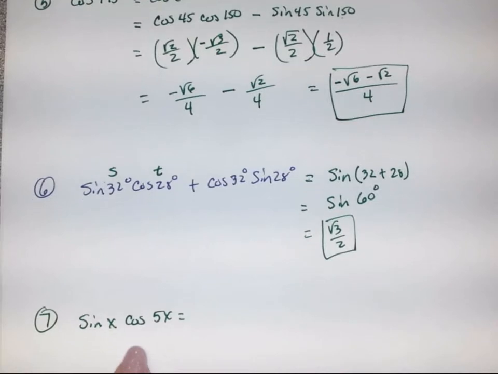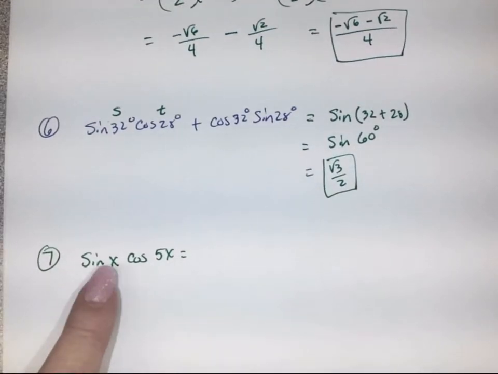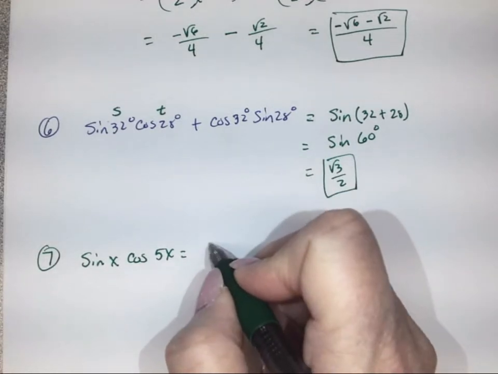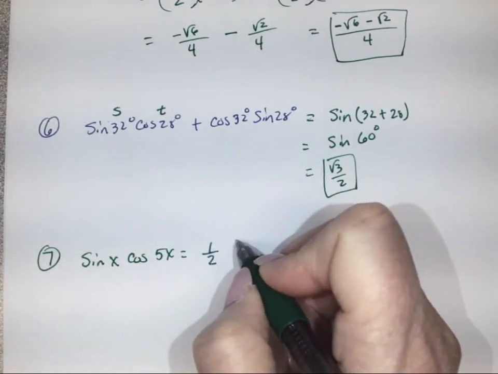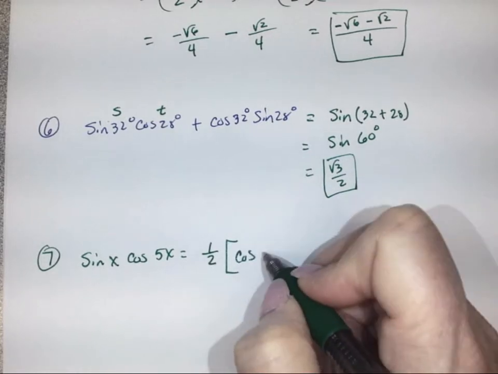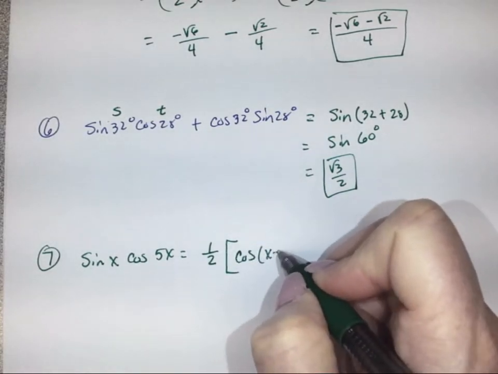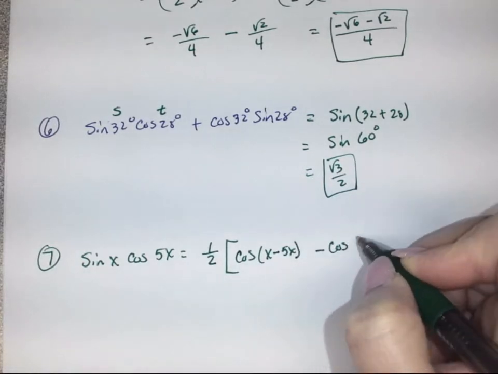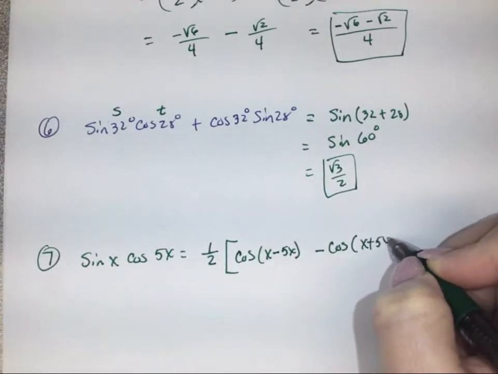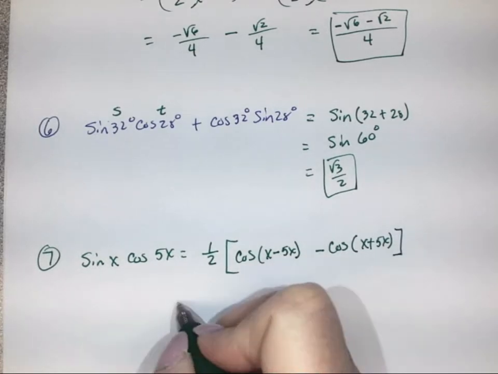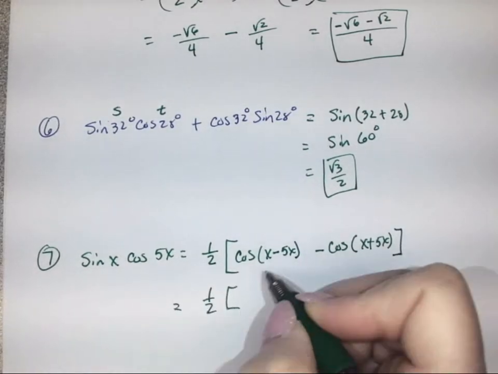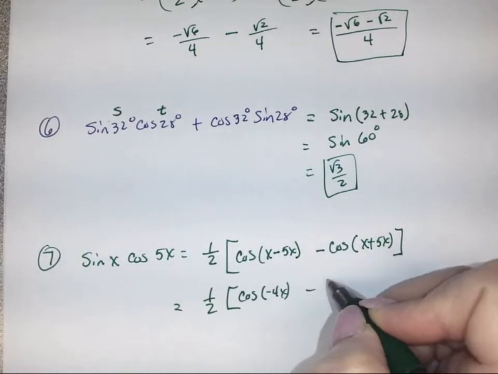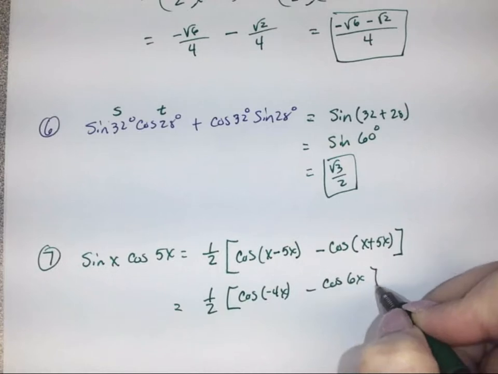So we've got to write it as a sum, and as we match this to our product to sum formulas, this will be 1/2 times the cosine of x minus 5x minus the cosine of x plus 5x. So we've got 1/2. x minus 5x will get us cosine of negative 4x minus the cosine of 6x.